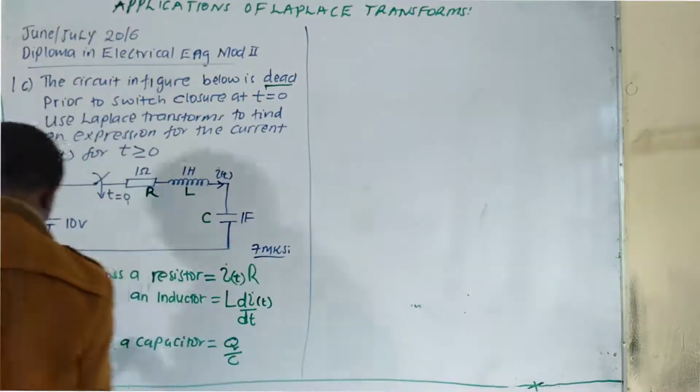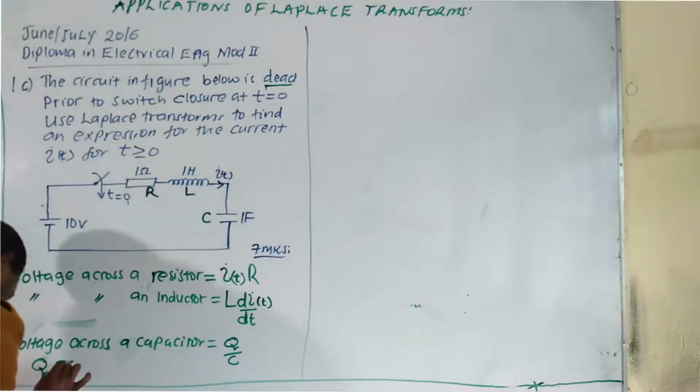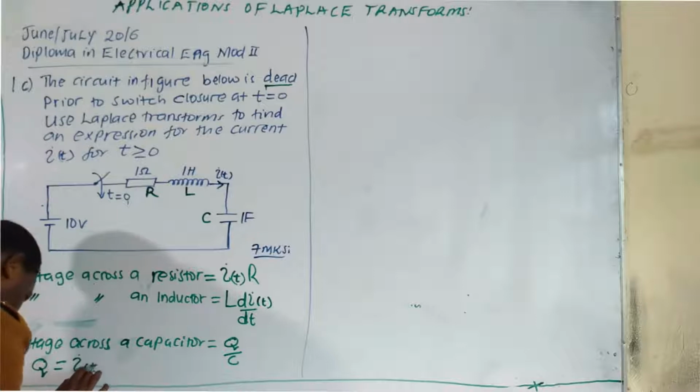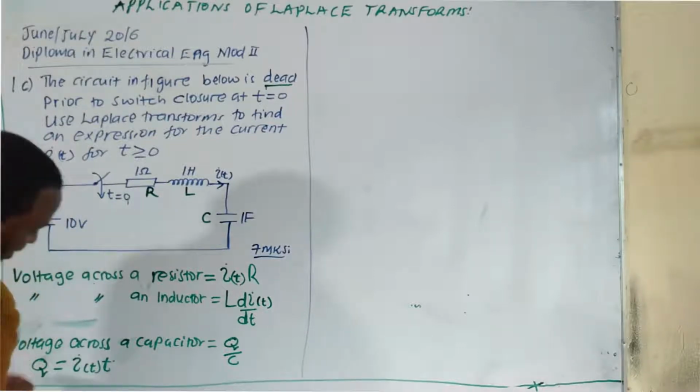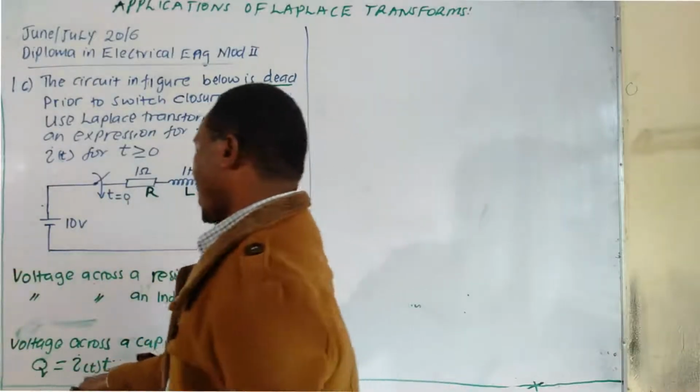But the charge Q is equal to current I times time. Q is equal to I times time.